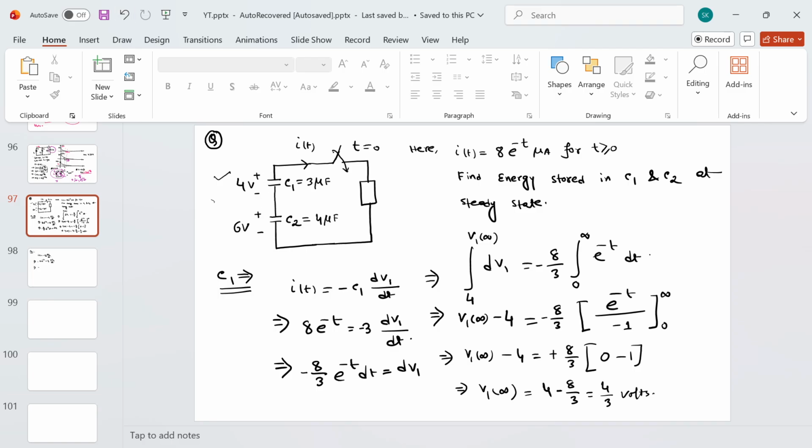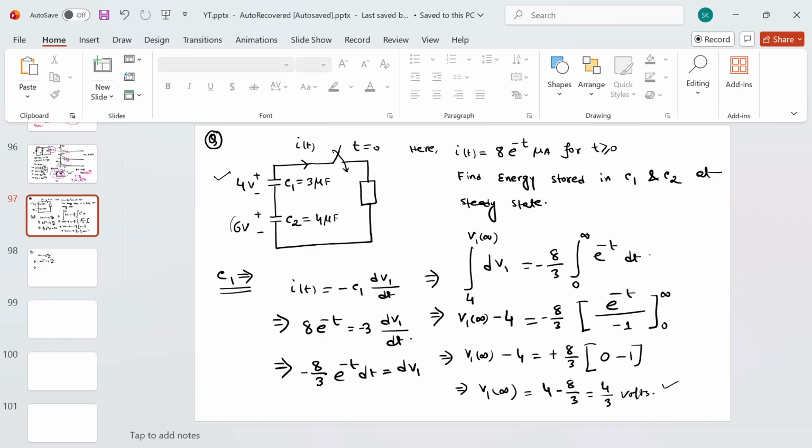Both the capacitors will simply deliver the energy, and if they are delivering energy at steady state, both the voltages need to reduce. Then only it will be able to deliver, right? If it delivers the energy, the voltage should drop down. But what was previously happening, the voltage was increasing, which is absolutely wrong.